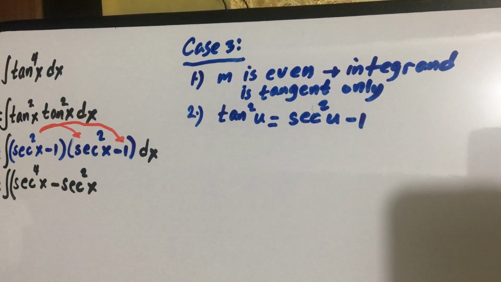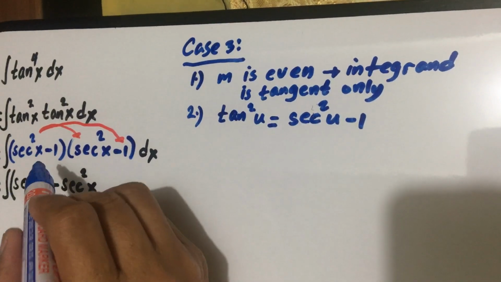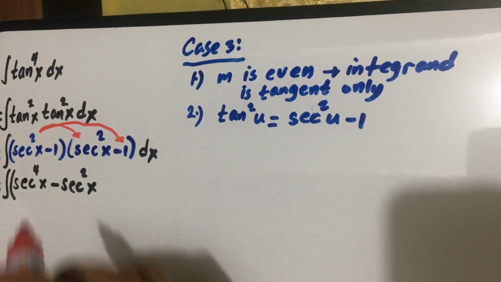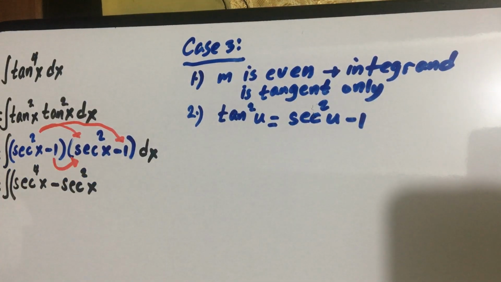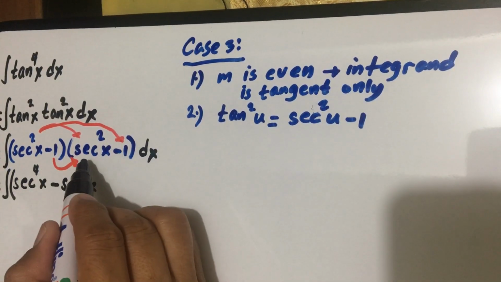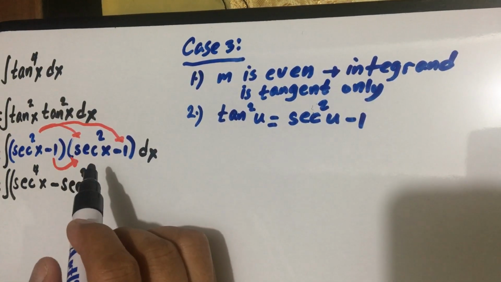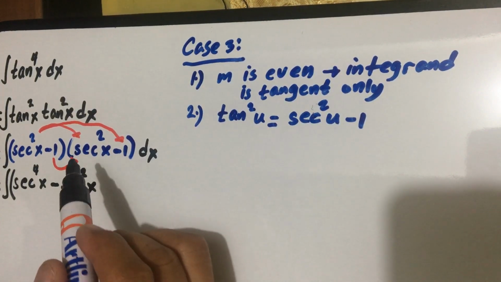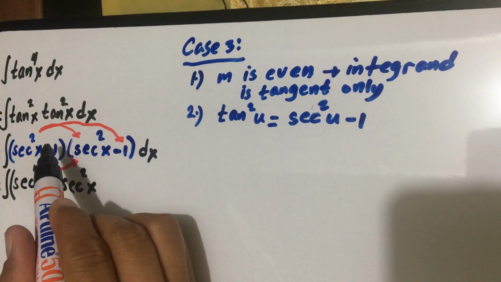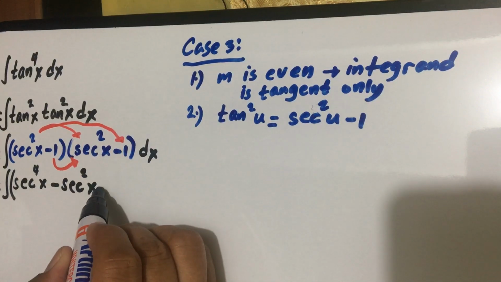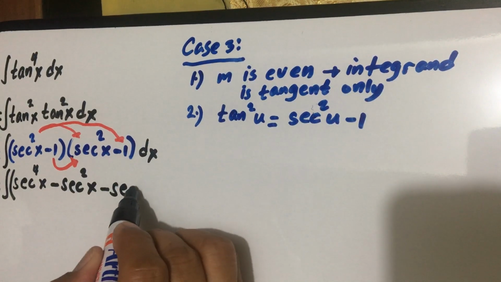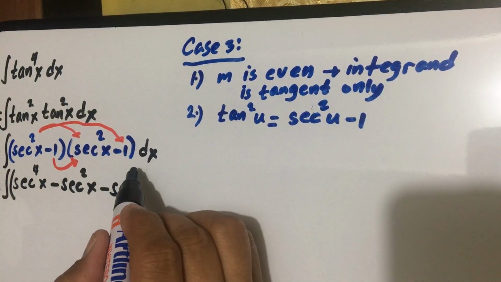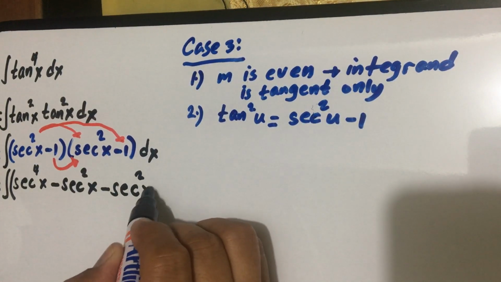Next we multiply the second term and the first term. This is minus, then this is positive, so this would be minus secant squared x.